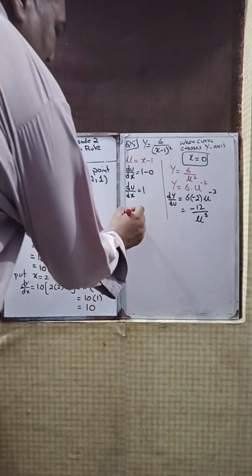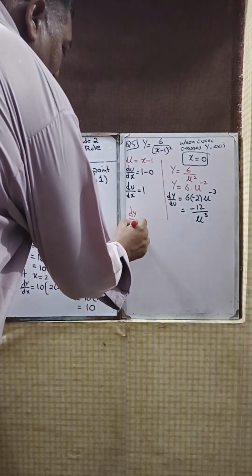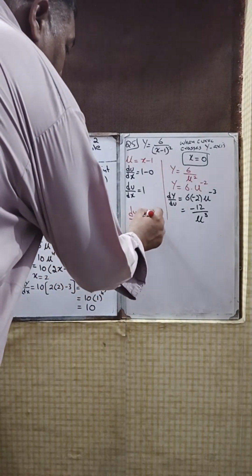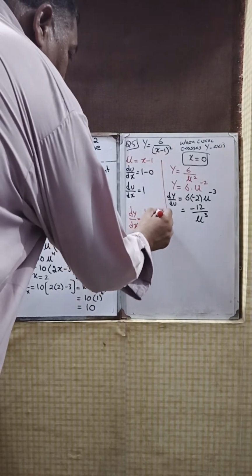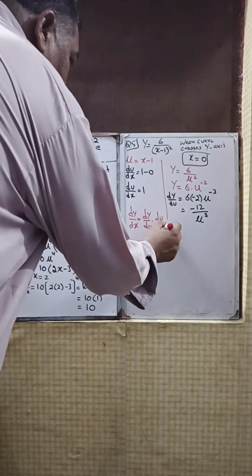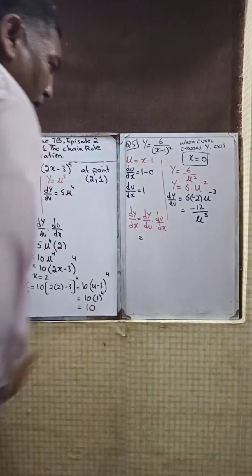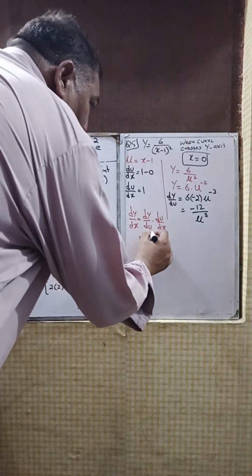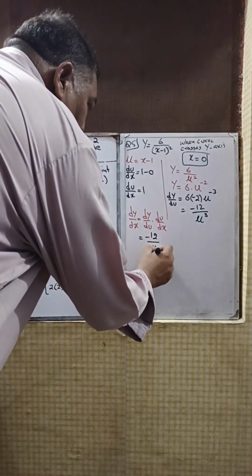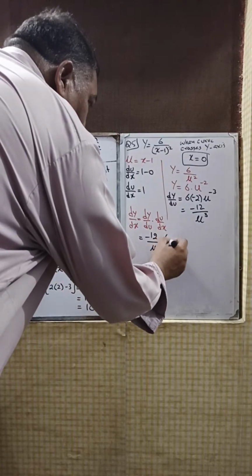The chain rule says that dy by dx is equal to dy by du into du by dx. Okay, so put those values back, and it will become minus 12 divided by u cube into 1.